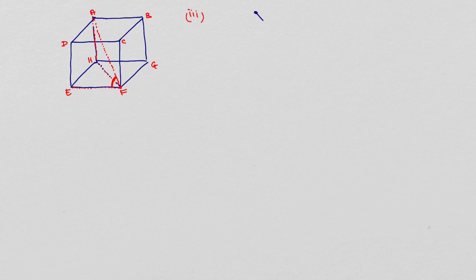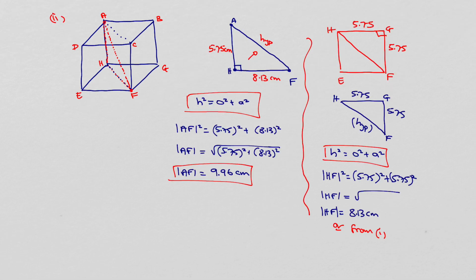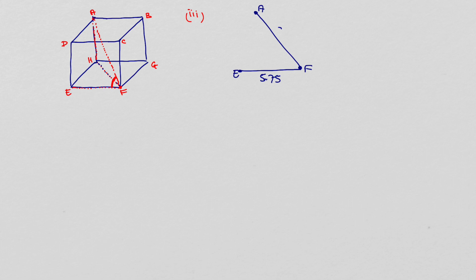Well, let's draw that out. I'm connecting A to F, so from top corner to the bottom corner, so this is not a right angle, and E to F is going across the base, which we know is 5.75. We've just worked out A to F from the previous question should be 9.96, again centimetres.